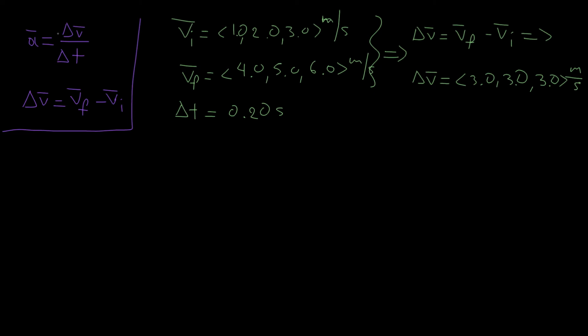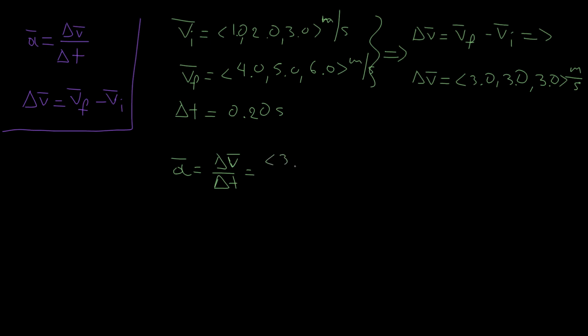Now to find the acceleration, I need to plug in the vector of delta v here and delta t. So this will be my delta v. This is my delta v vector, and this is my delta t.